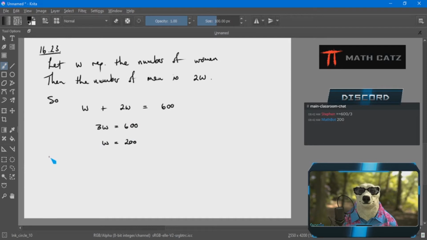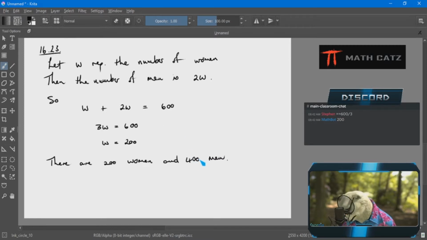I have my answer, so I could write my concluding sentence. There are 200 women and twice as many men, so 400 men. And I can definitely check that it does add up to 600. A very simple check in this case.